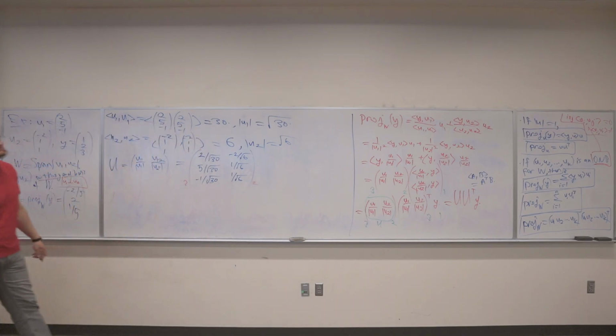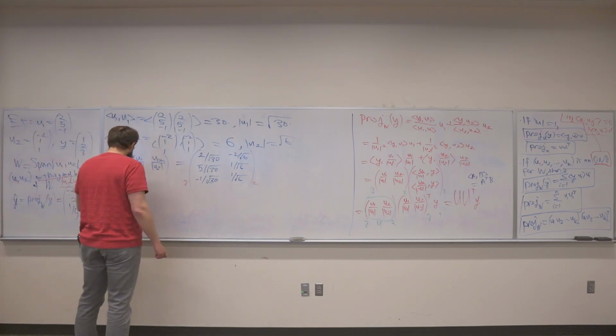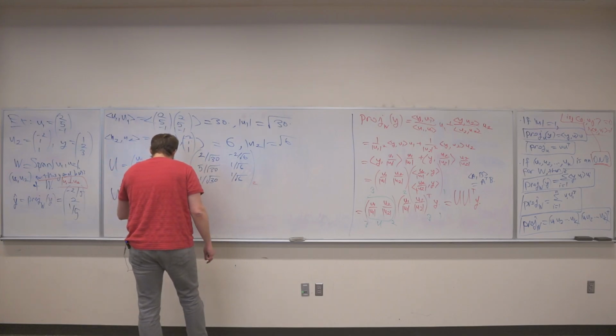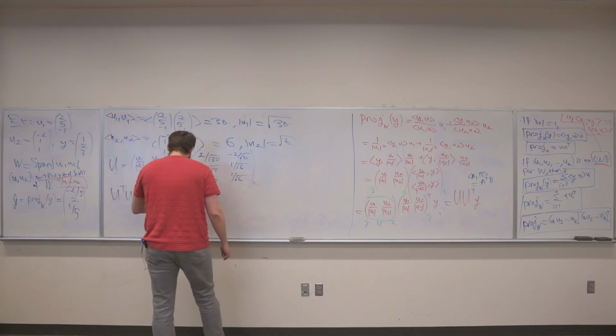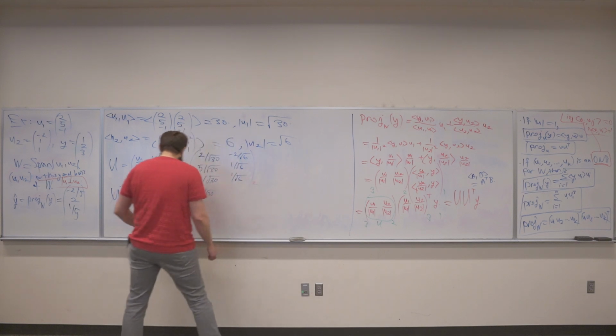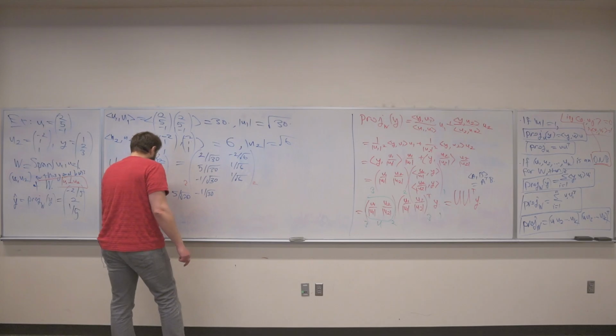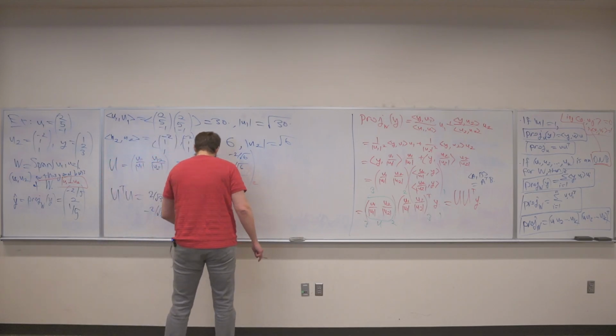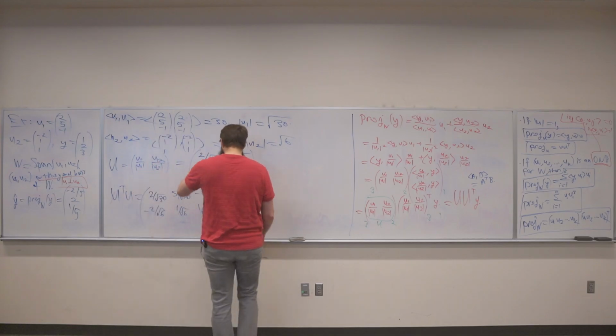Now to get the projection, we're not done. To get the projection, you need to multiply this by its transpose. So you look at this: 2 over root 30, 5 over root 30, minus 1 over root 30, then minus 2 over root 6, 1 over root 6, 1 over root 6, times this.